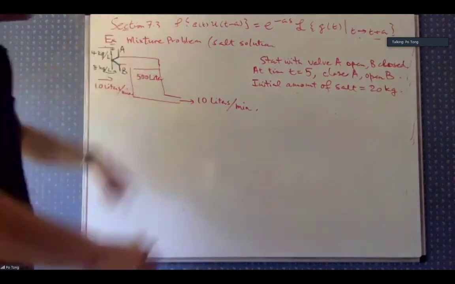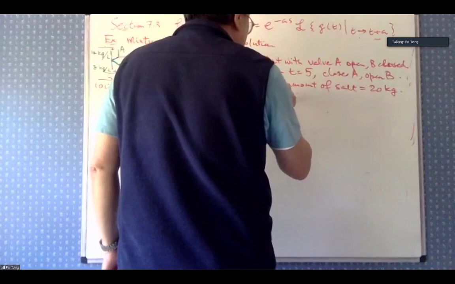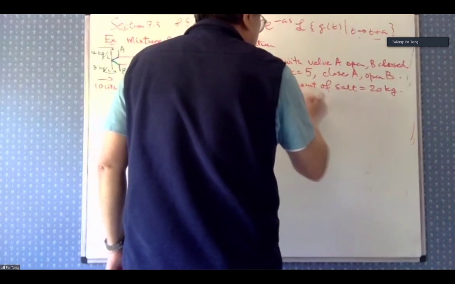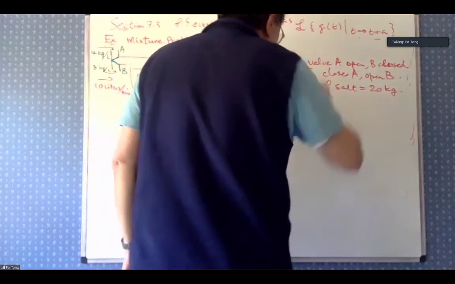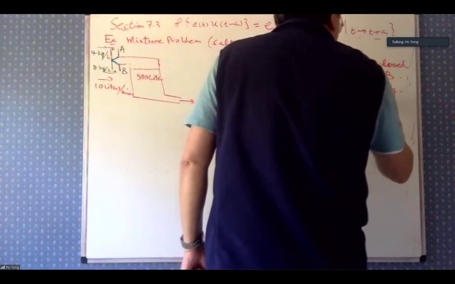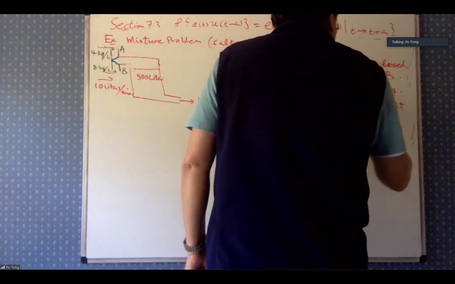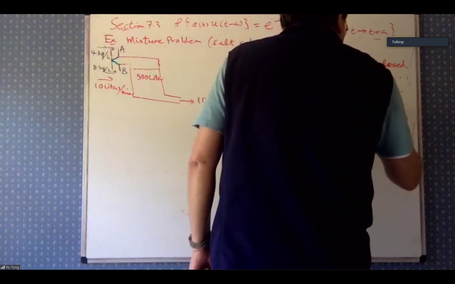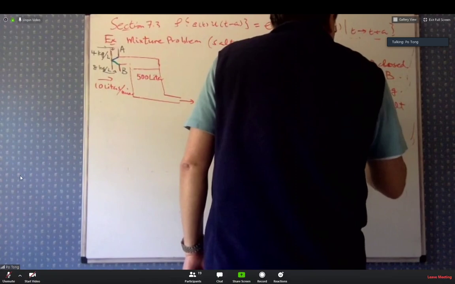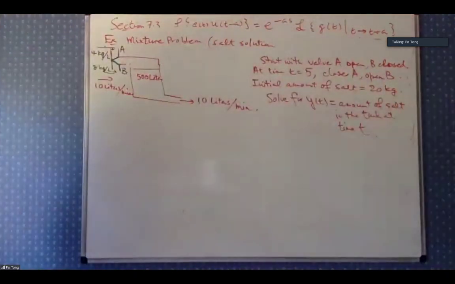We want to solve for y(t), which is the amount of salt in the tank at time t. You guys understand what we are trying to do?